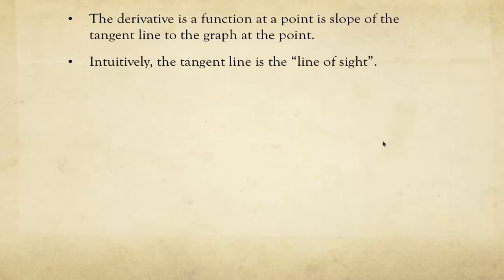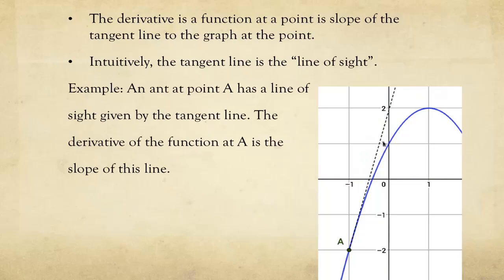The tangent line can be thought of as the line of sight. So here's the ant again, at position A, and imagine that the ant is looking as he's walking up this hill. So the ant's line of sight is the tangent line.